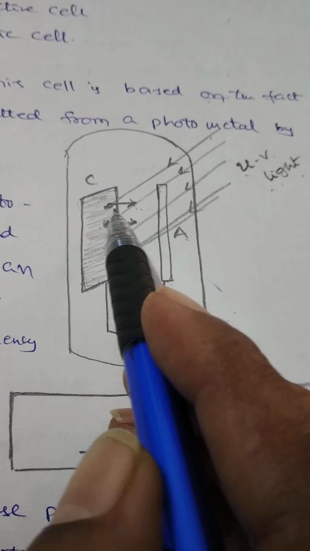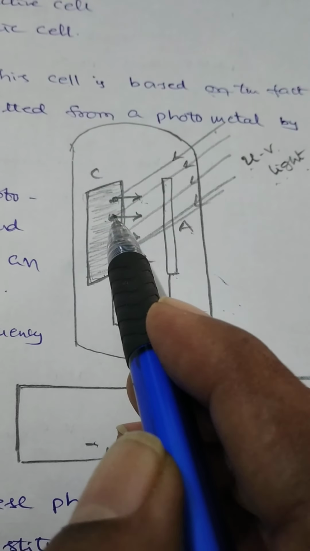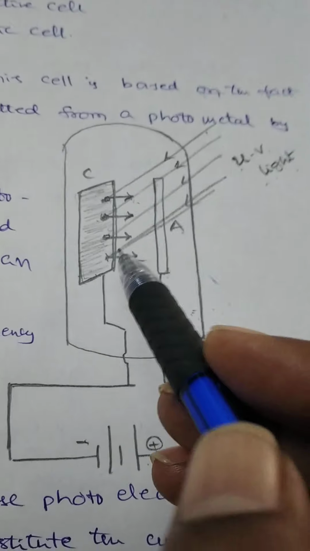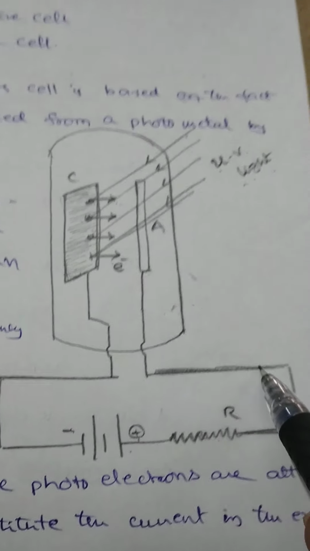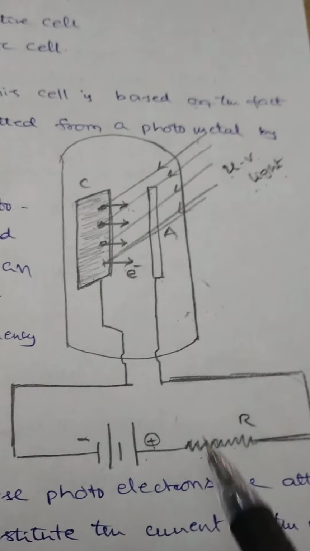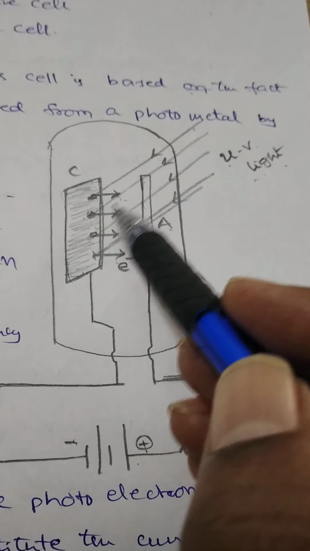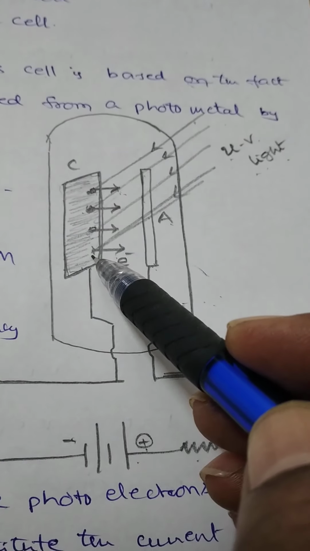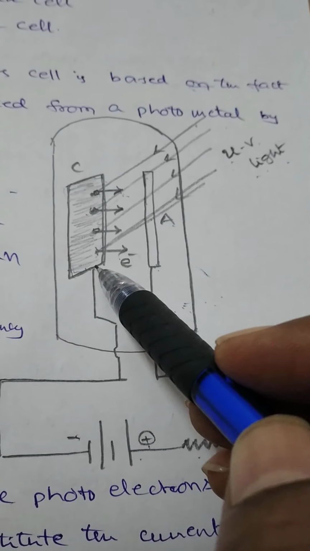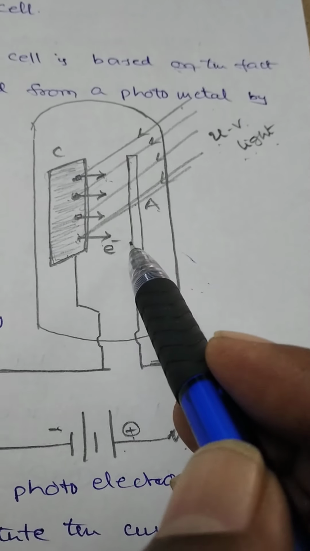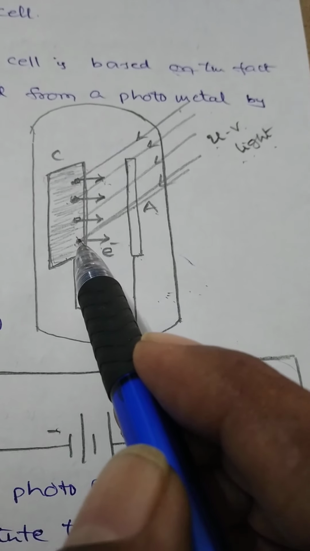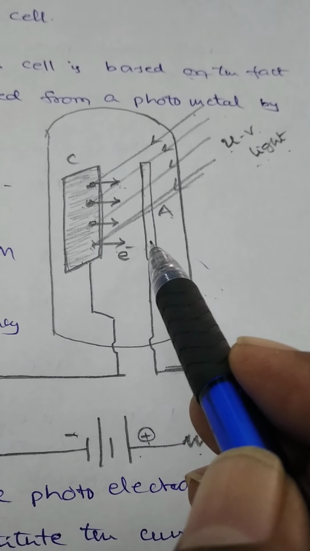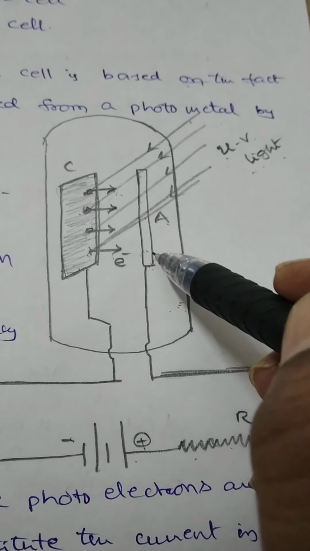Now the electrons coming out from the cathode C are strongly attracted towards the anode, which constitutes the photoelectric current in the external circuit. That means this is the light. When light is made to be incident on the photometal cathode surface, electrons are ejected from it. These electrons are strongly attracted towards the anode and the electrons are moving like this.